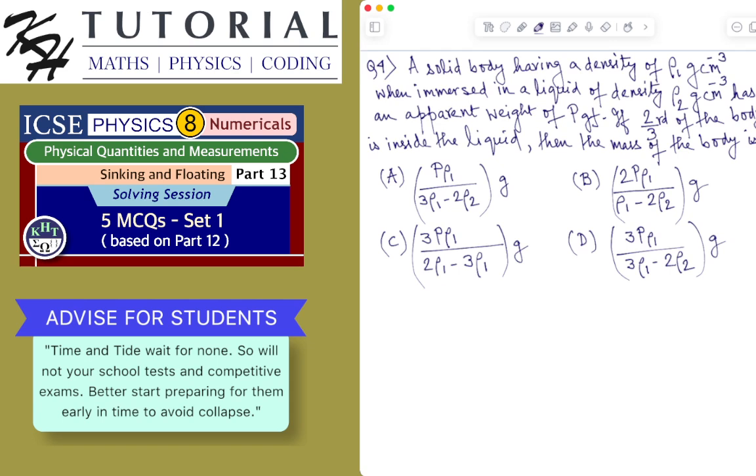So we know the apparent weight W dash is equal to the weight of the body in air minus the buoyant force.